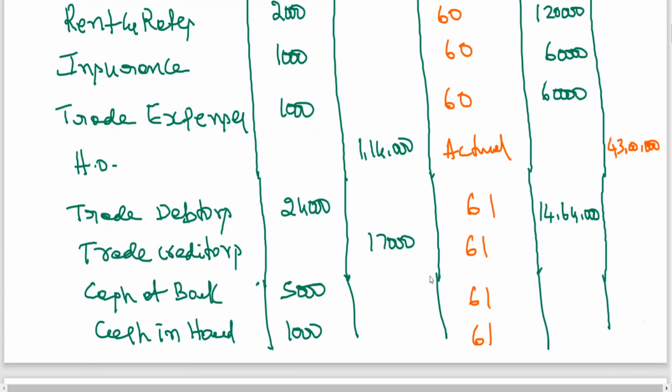Yes. Trade creditors 17,000 into 61 is coming to 10 lakhs 37,000. Cash at bank 5,000 into 61, 3 lakhs 5,000. Cash in hand 61,000.